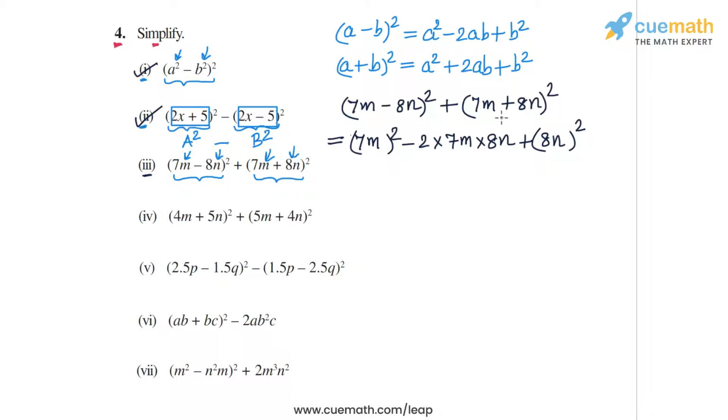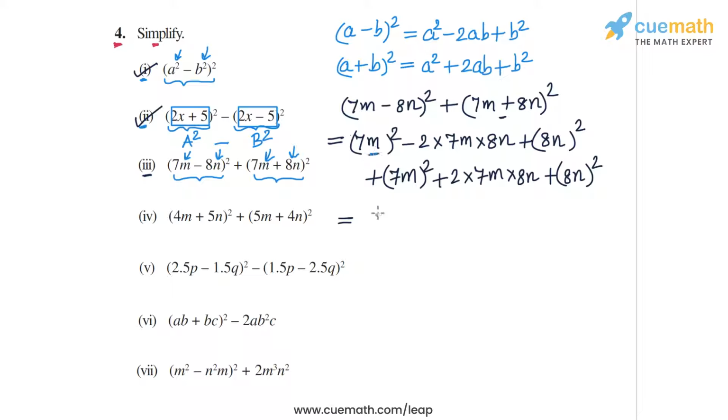And then we expand the second part, (7m + 8n)², so this will be (7m)², or a², + 2ab, so + 2 into 7m into 8n, and then + b², so + (8n)². Alright, now let's see what we have.